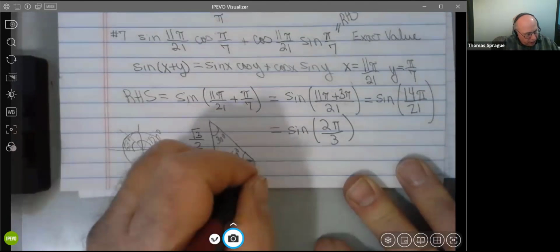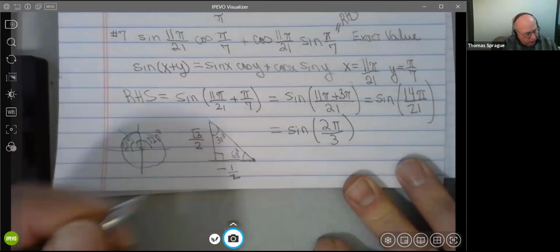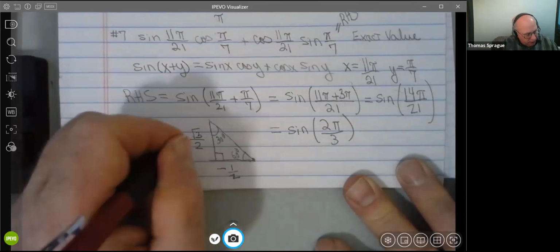If the origin is here, then the x-coordinate is negative and the y-coordinate is positive.